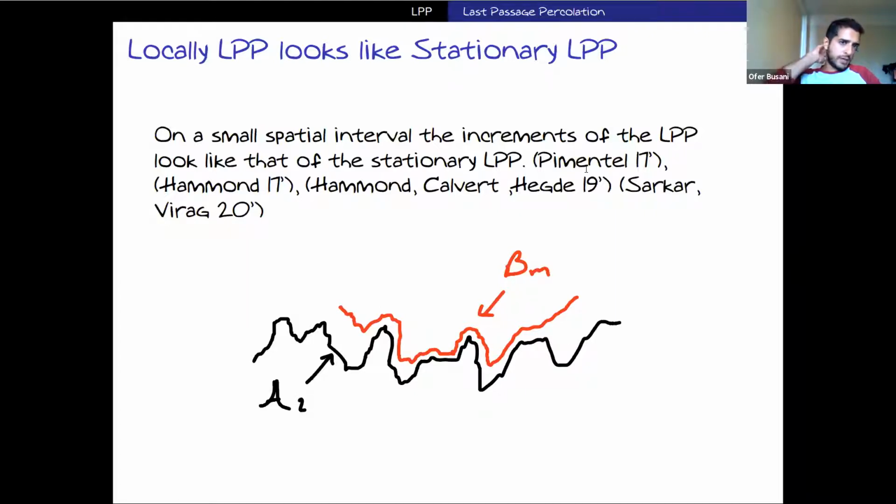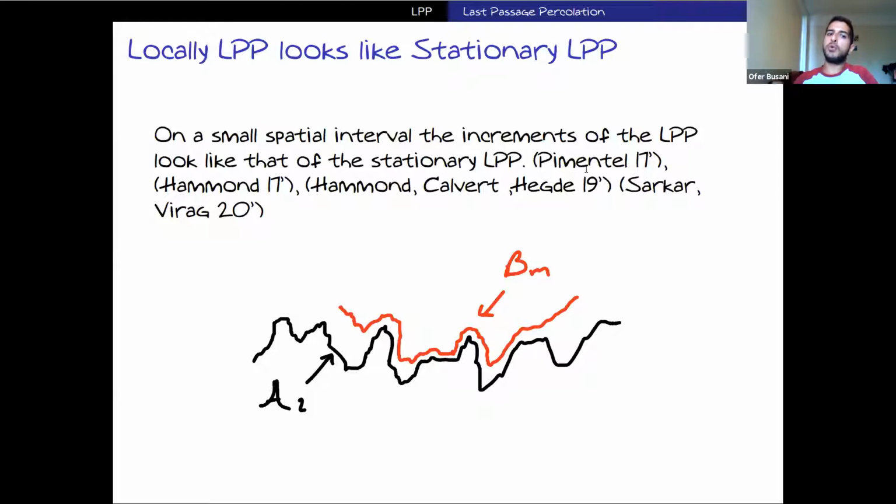And then there are results by Hammond, and recently Hammond, Calvert, and Hegde, showing that if you look not just locally around the origin but on a compact interval, then the whole regularity of the Airy2 process will be that of a Brownian motion.